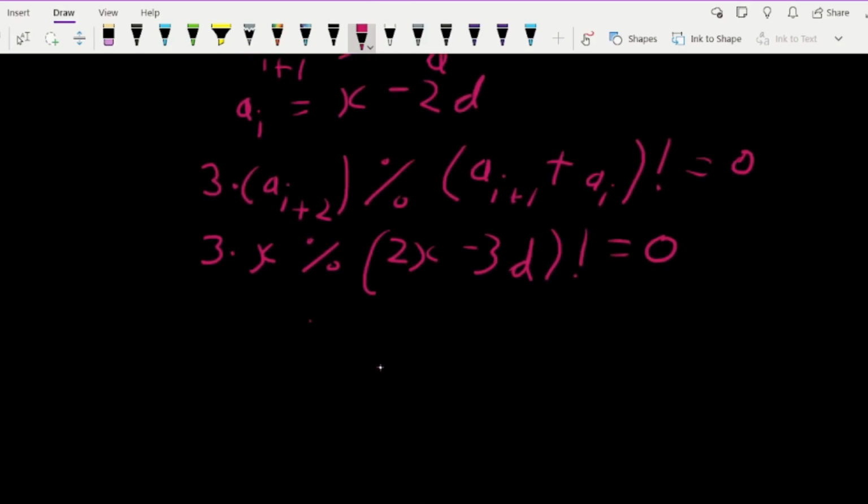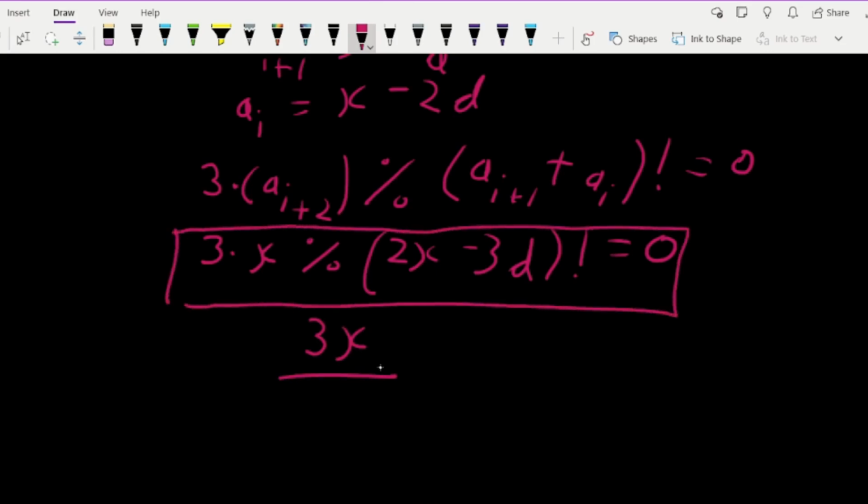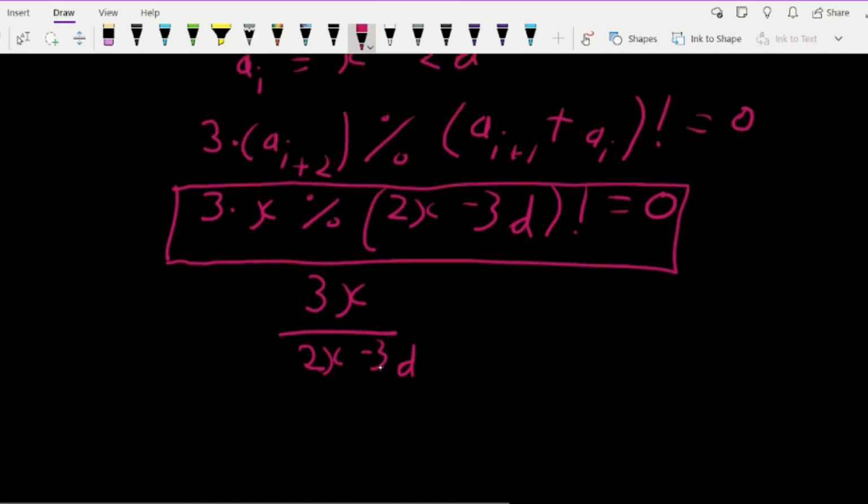This particular condition will be satisfied if the denominator here, which is 2x minus 3d, is between 1.5x and 3x, because then this division will not give any positive integer.